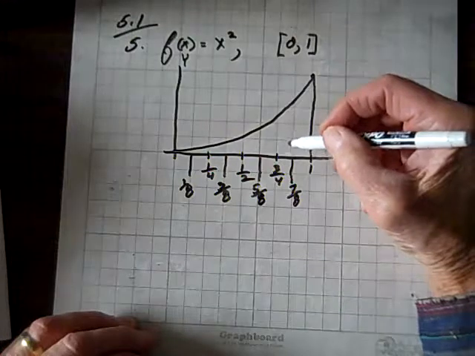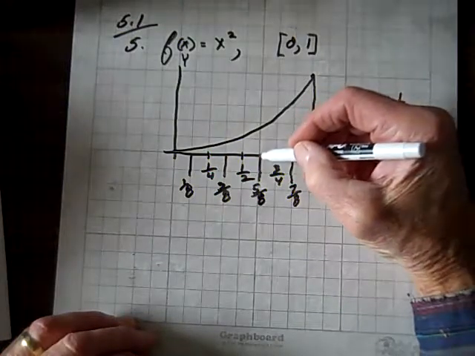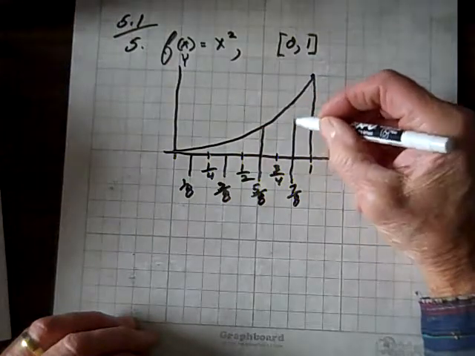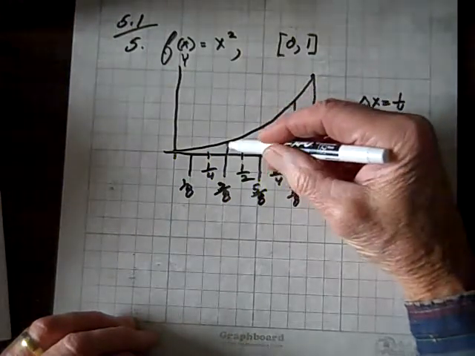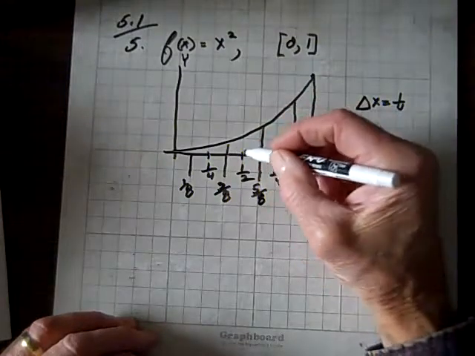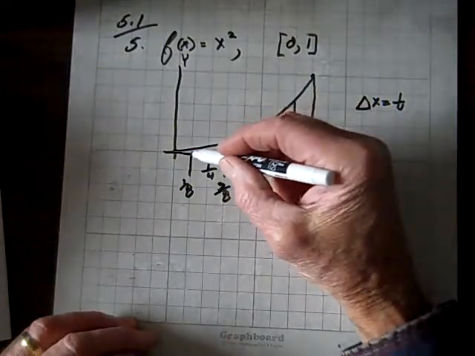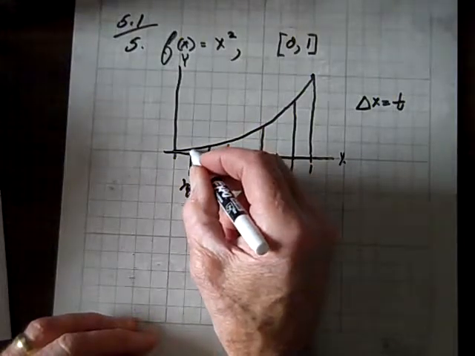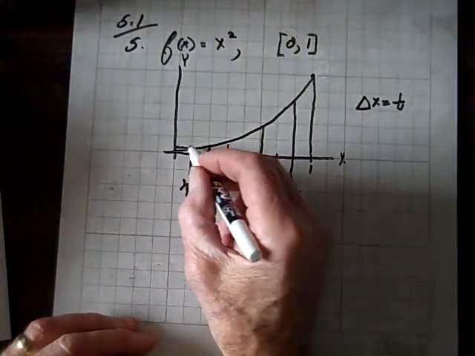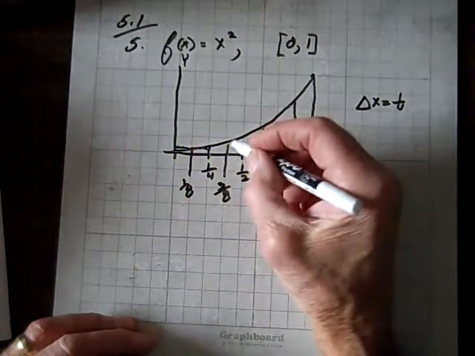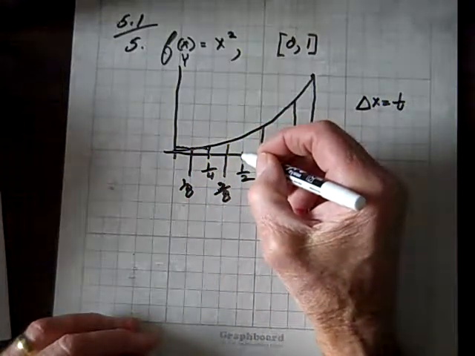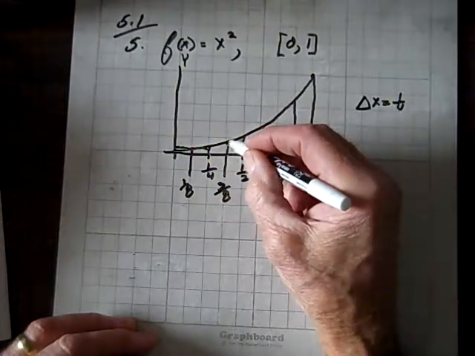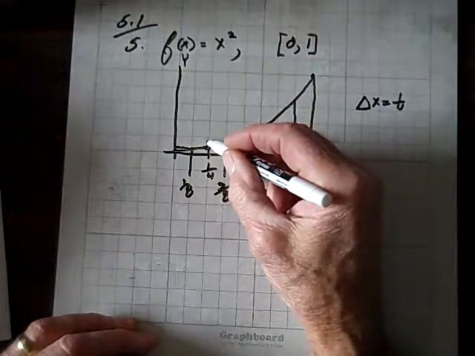And by the way, let's draw these rectangles. Our midpoint is going to intersect the graph here, here, here, and there. Now we'll draw a horizontal across there, and we'll draw a horizontal across here.